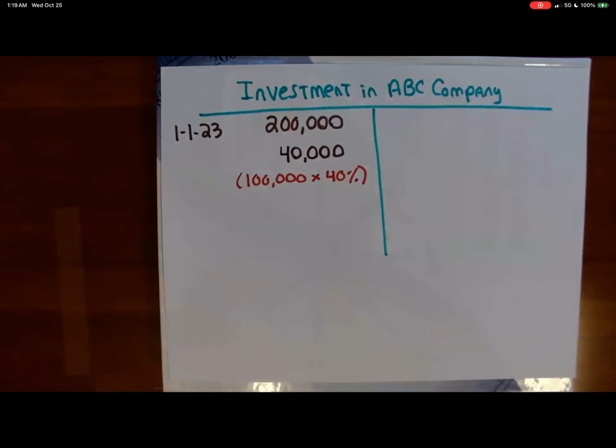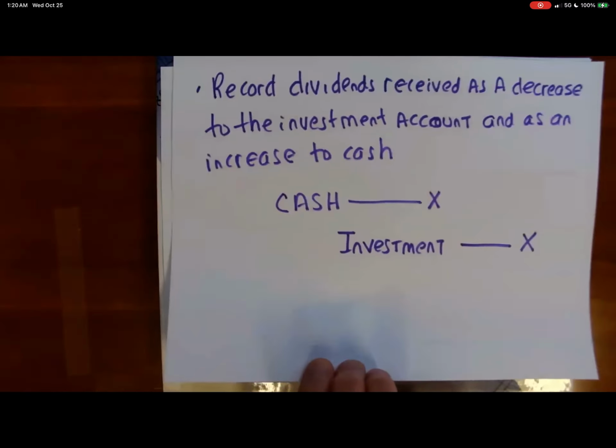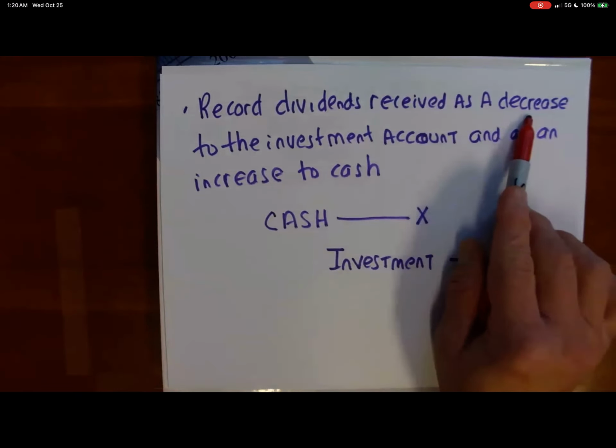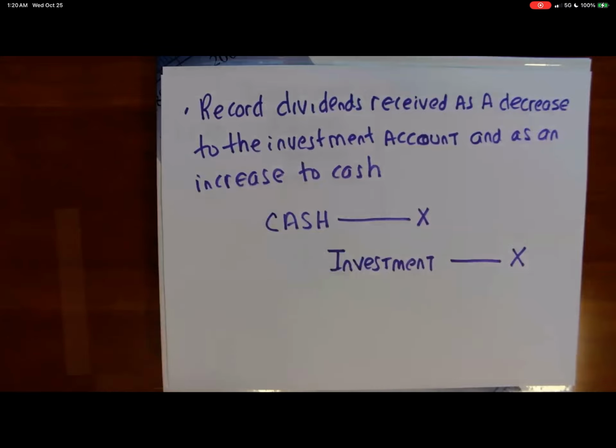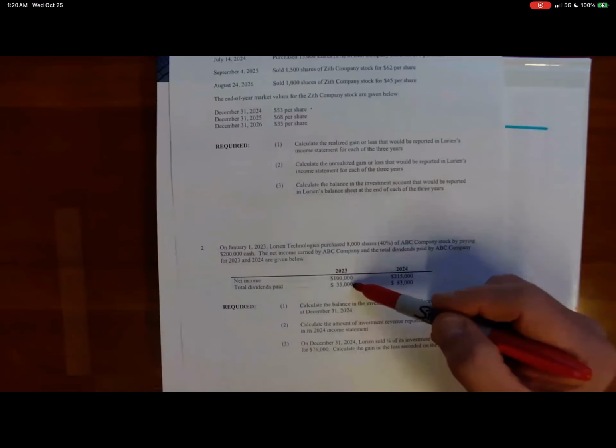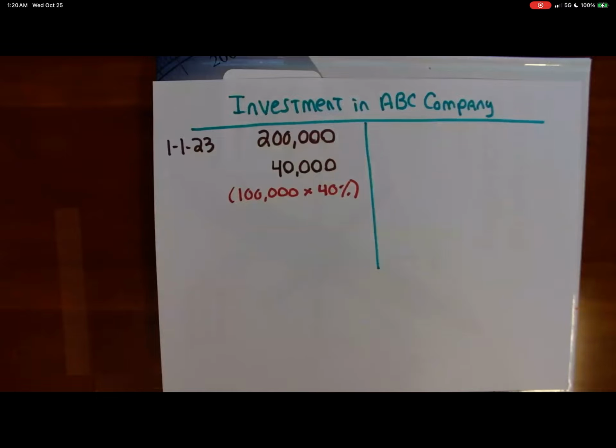Matthew, what else do you need to do? You'll need to do the 40% of the total dividends paid as a decrease to the amount you have. What else did we write down? Dividends received are recorded as a decrease to the investment account. ABC Company paid total dividends in 2023 of $35,000, but not all of that would have been paid to us. We only own 40% of ABC Company.